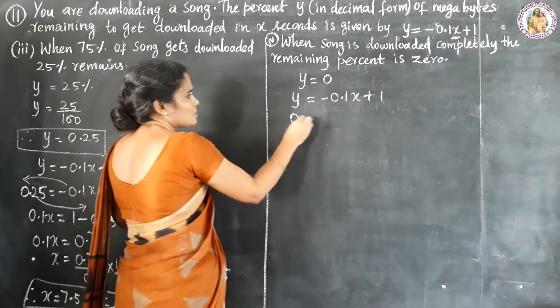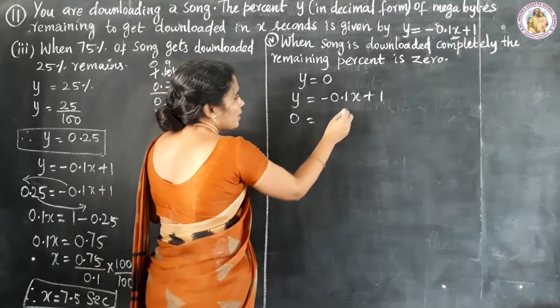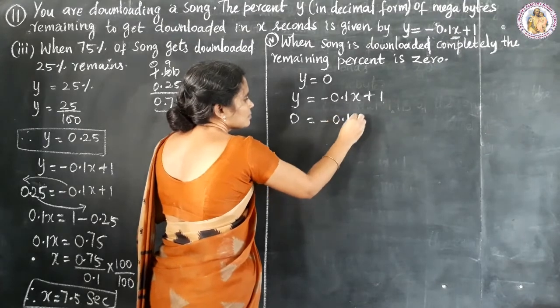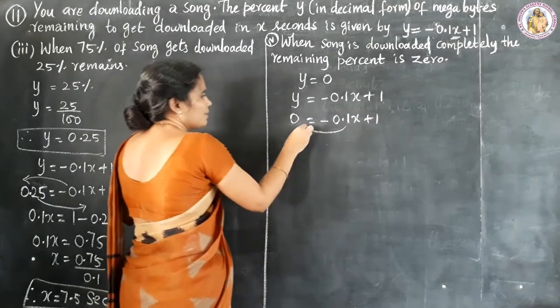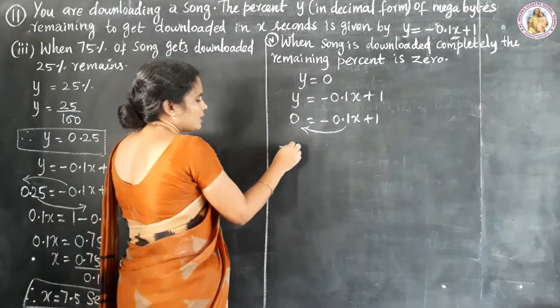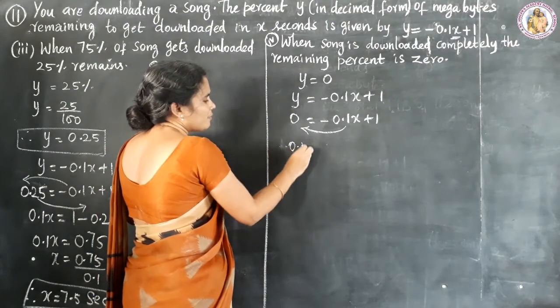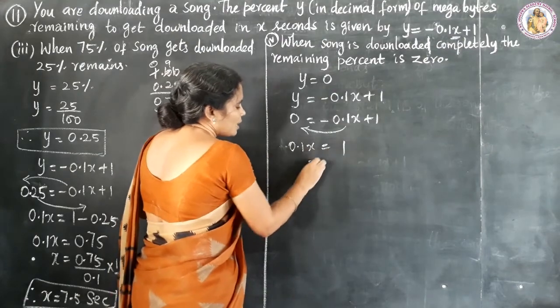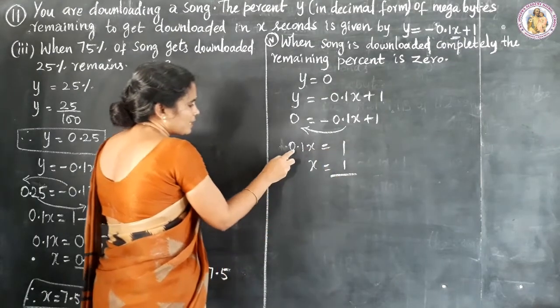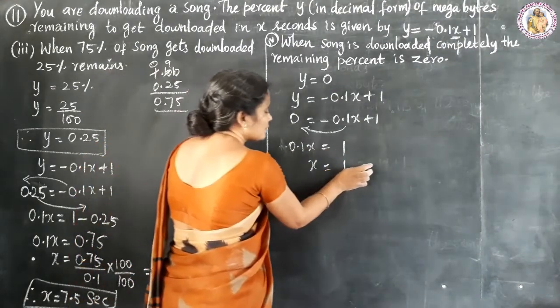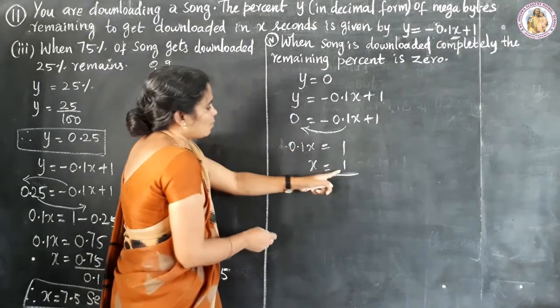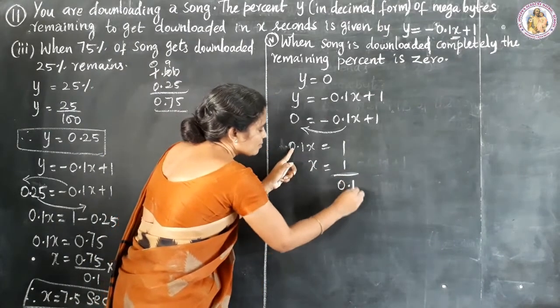So 0 is equal to minus 0.1x plus 1. Now take minus 0.1x to the left side. Minus will become plus, 0.1x is equal to 1. x is equal to 1 divided by 0.1.